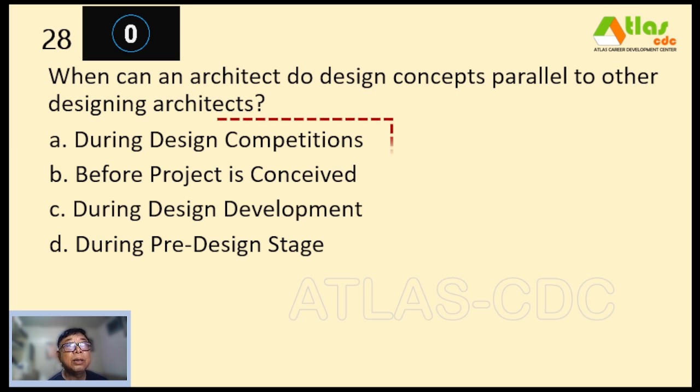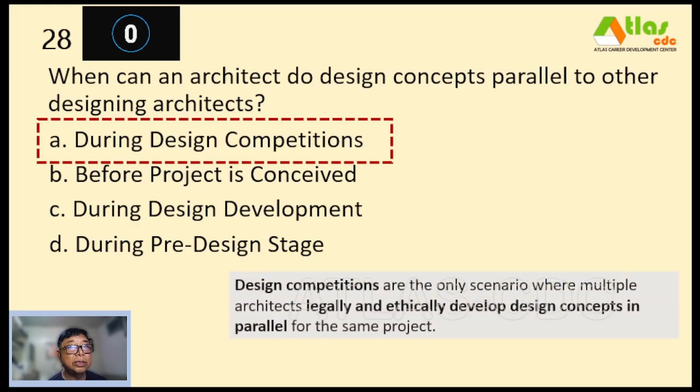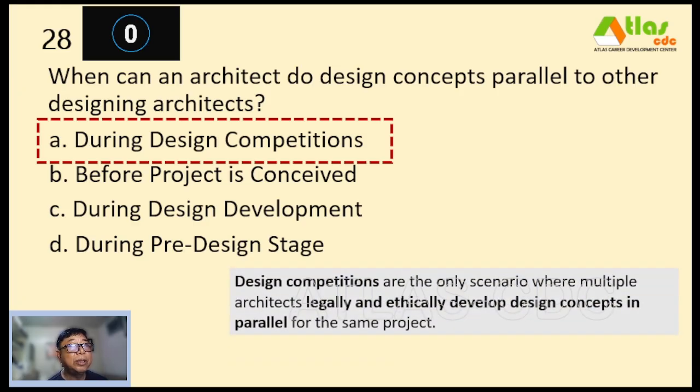And our correct answer is letter A, during design competitions. So design competitions are the only scenario where multiple architects legally and ethically develop design concepts in parallel for the same project.